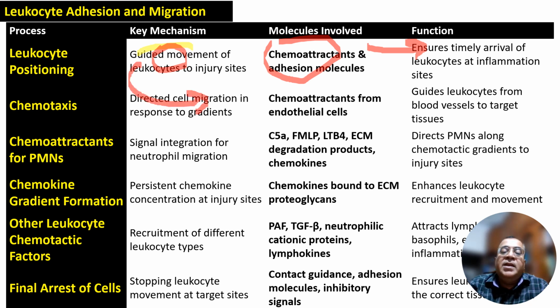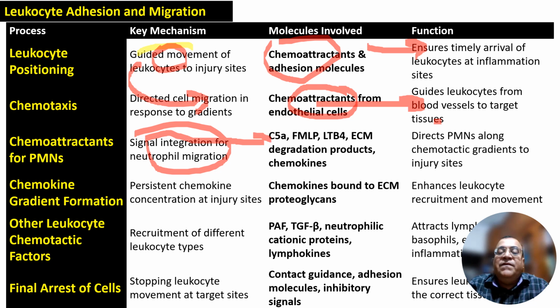There is a high concentration of chemotactic stimulants at the site of the injury, and some of these chemotactic attractants or chemokines bind to the endothelium and guide the leukocyte from the blood vessels to that particular area. Then signal integration for neutrophil migration occurs by C5a, formylated methionine peptide, leukotriene B4, extracellular matrix degradation products, and some chemokines. They direct leukocytes along the chemotactic gradient to the injury site.